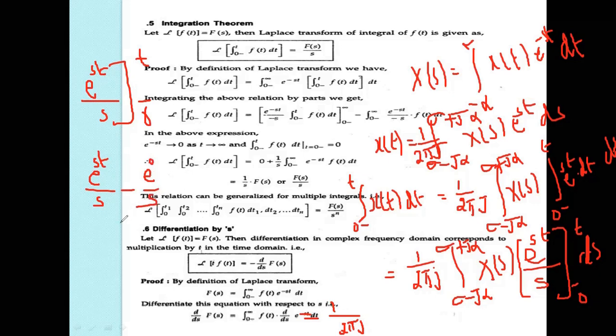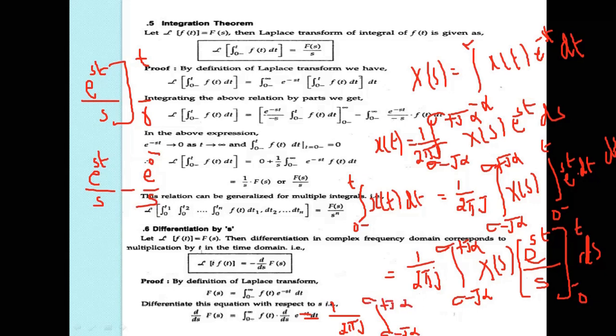E to the power 0 is 1, so the lower limit term can be eliminated, leaving e to the power st by s. Again, the integral from sigma minus j infinity to sigma plus j infinity.